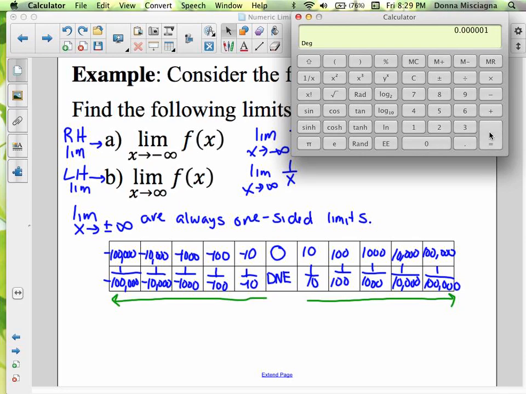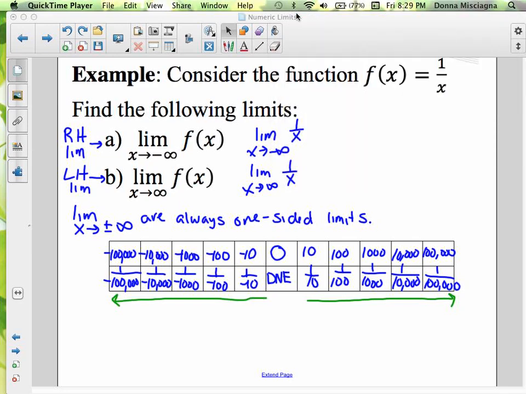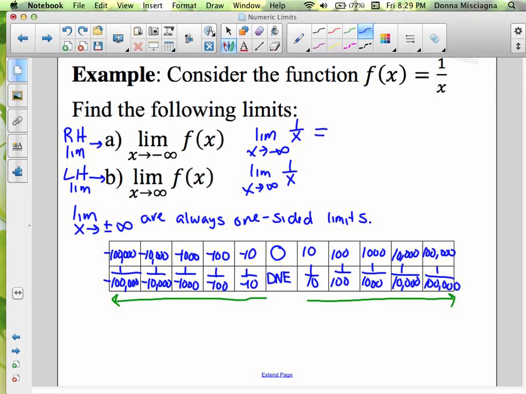It's even smaller, right? So whether I'm coming from the left or from the right, we're going to keep getting smaller and smaller values. So the limit of 1 over x as x approaches negative infinity is going to be equal to 0. And the limit of 1 over x as x approaches infinity is going to be equal to 0.